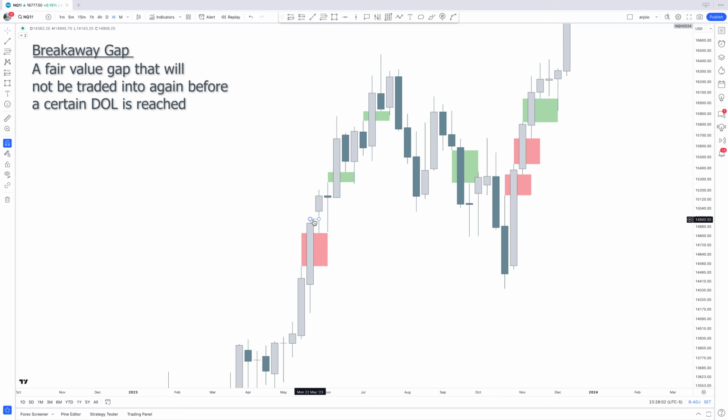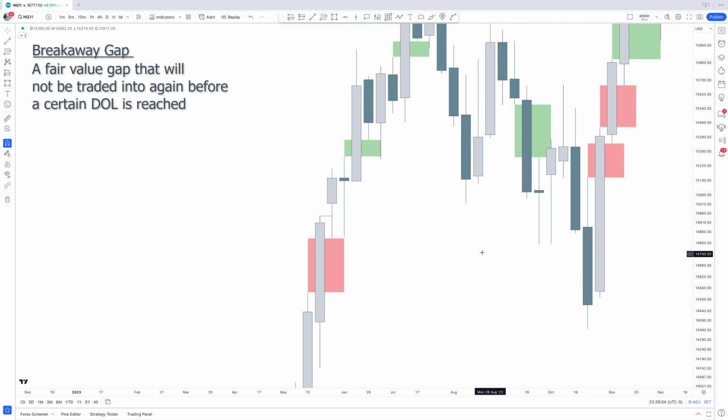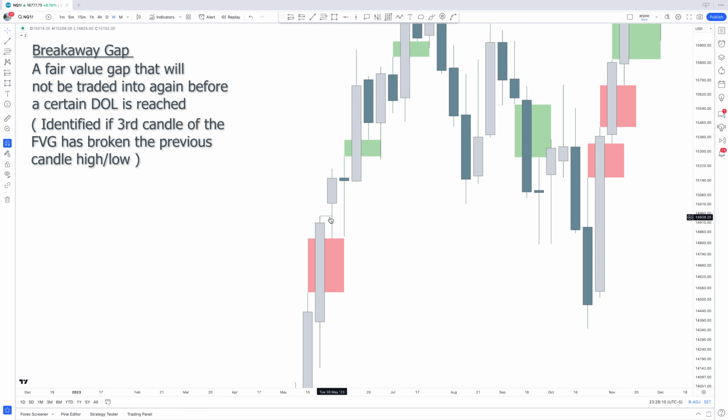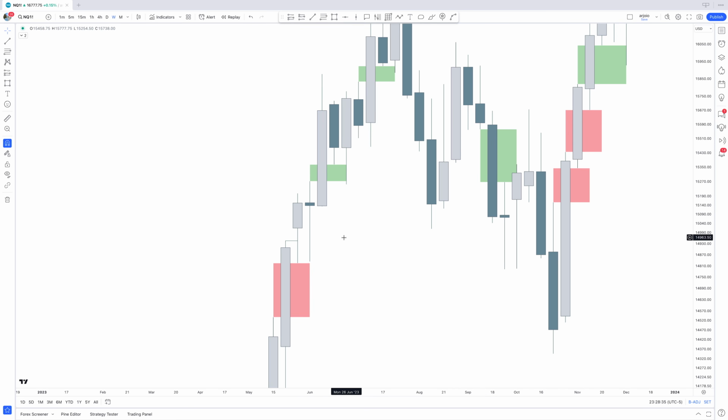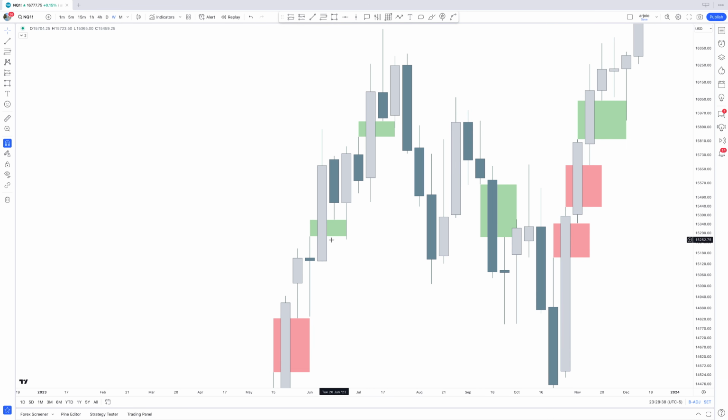If it wants to close above that, then as a general rule of thumb, we are not going to trade back into the fair value gap before we continue higher. So here we can see, yes, eventually we trade back into it, but in the short term, we do not trade back into it. That is already the first indication, but not the only one, that it is a breakaway gap.